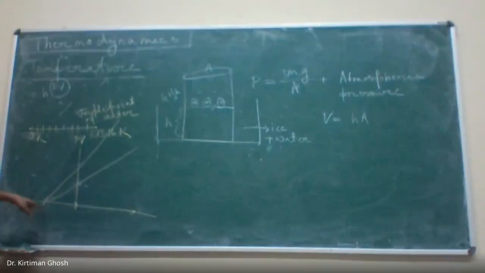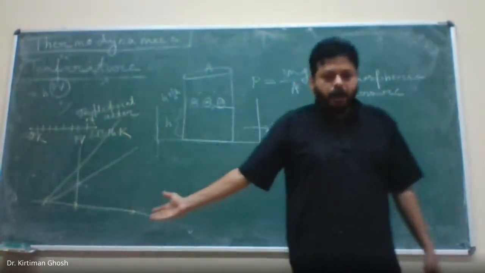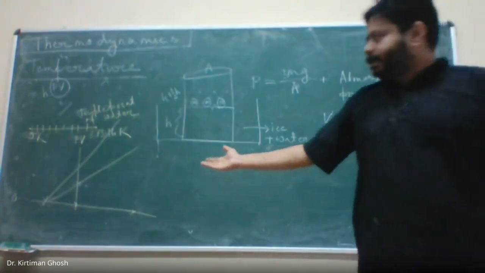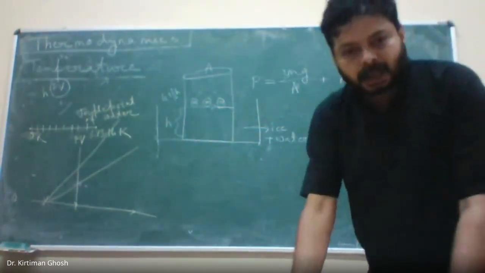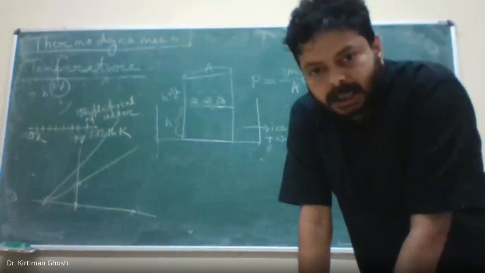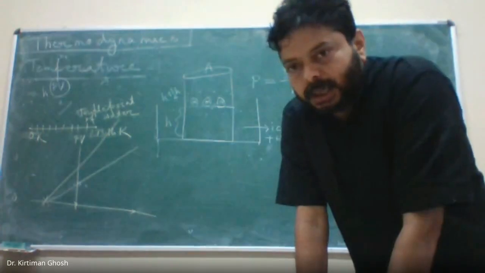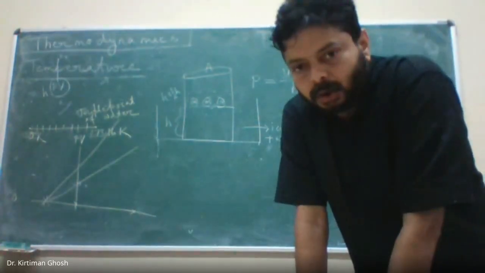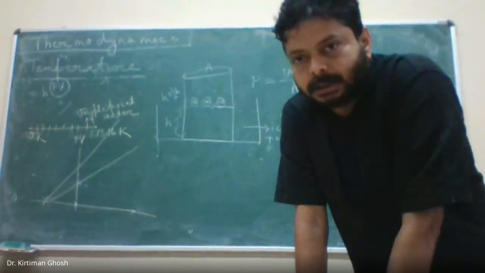That means at this point your pressure is zero or your volume is zero. So you cannot go beyond that point. That tells you that this is the lower limit of your temperature. You cannot go to negative pressure or negative volume. So that temperature we assign as zero, I mean absolute zero. You cannot go beyond that.